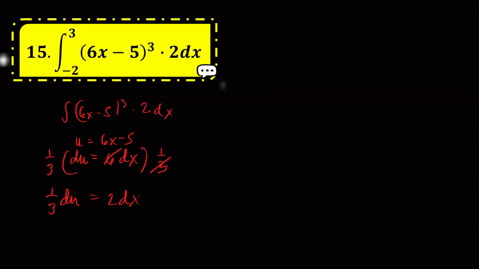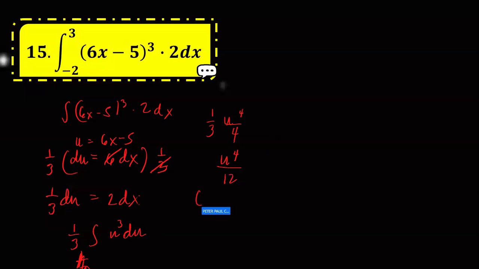So after that, we can now integrate by 1/3 the integral of u cubed du. You can put it here, 1/3, u to the fourth over 4. Then multiplying, you'll have u to the fourth over 12.